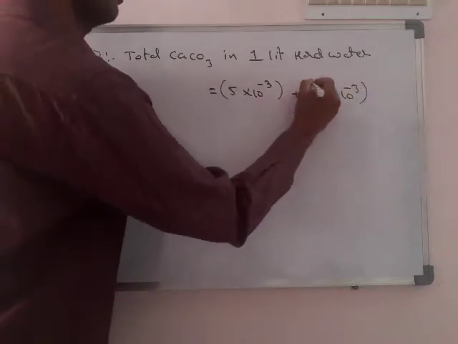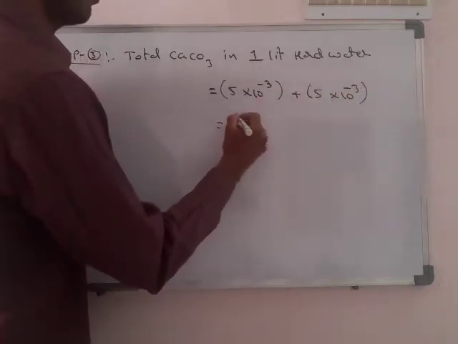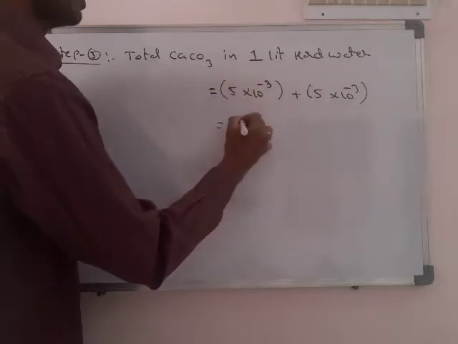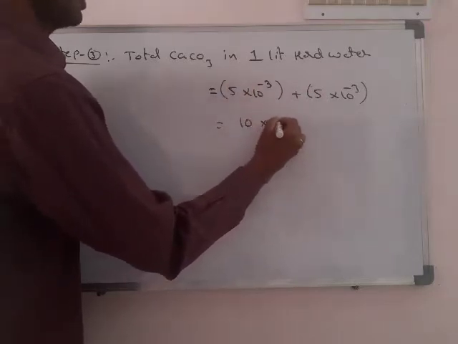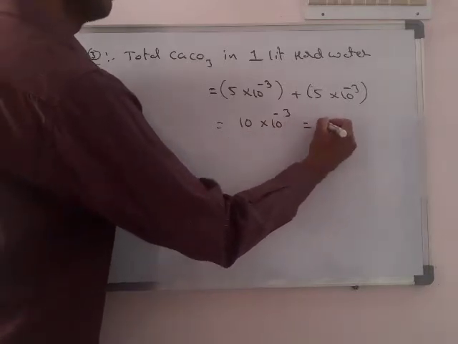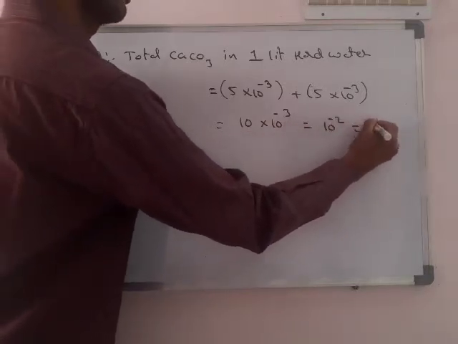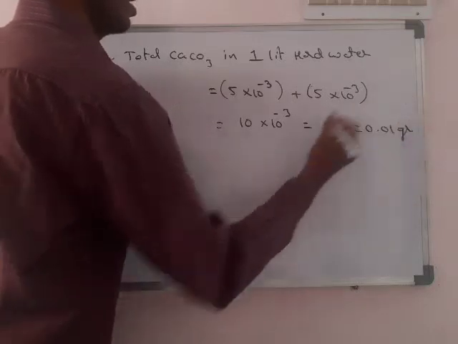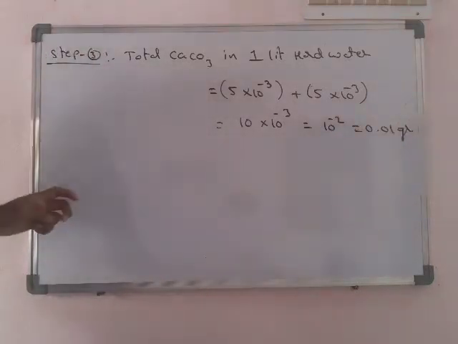So finally, 10 power minus 3 common, 5 plus 5 we get 10. 10 into 10 power minus 3. So that is equal to 0.01 gram.